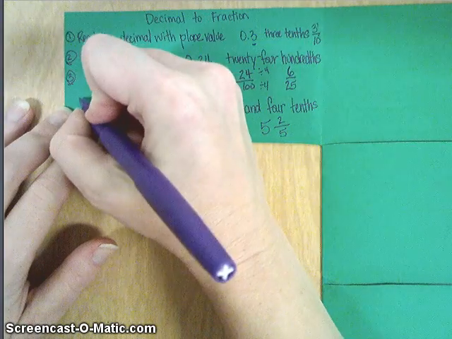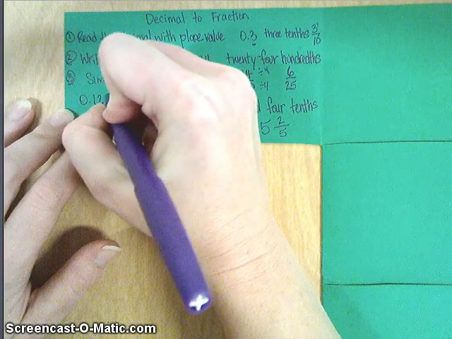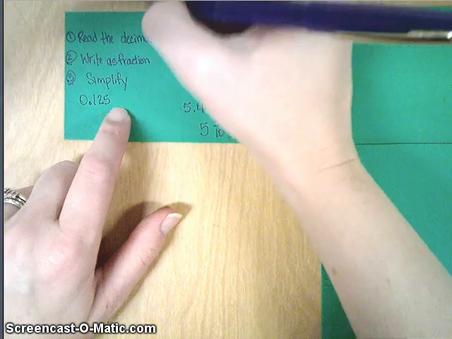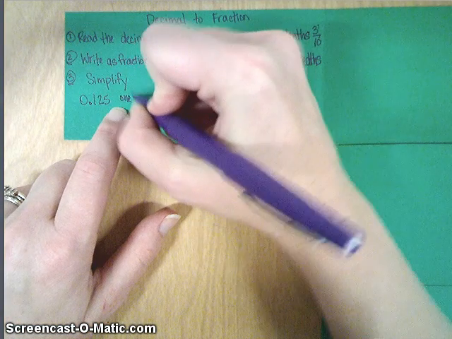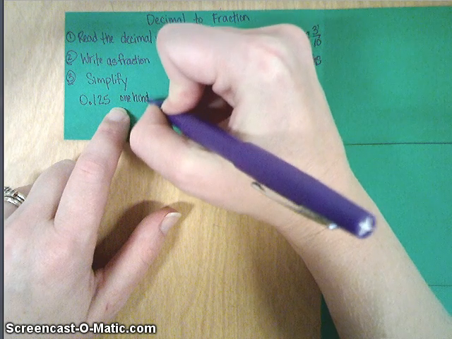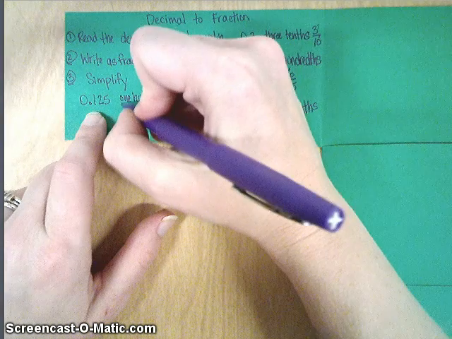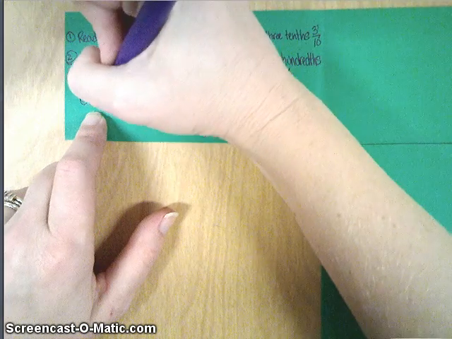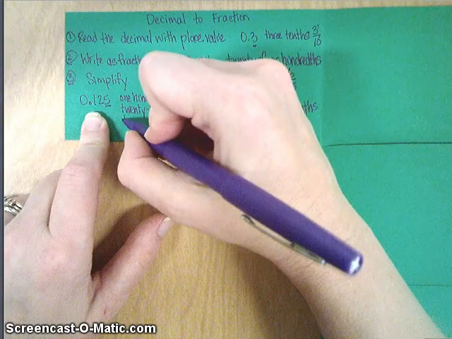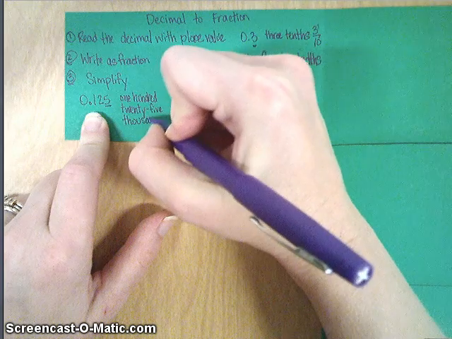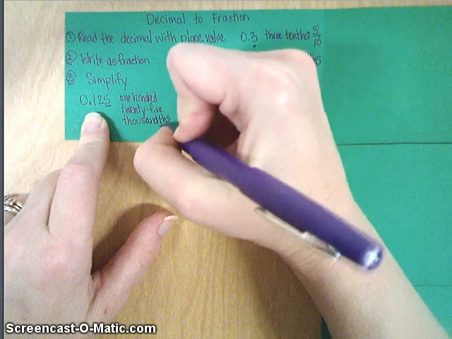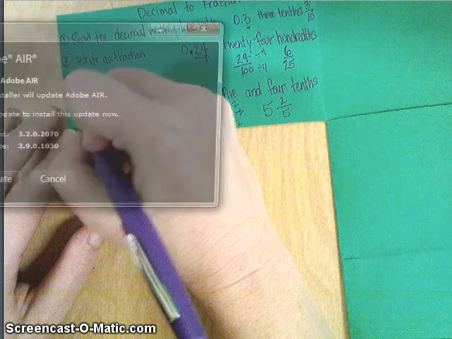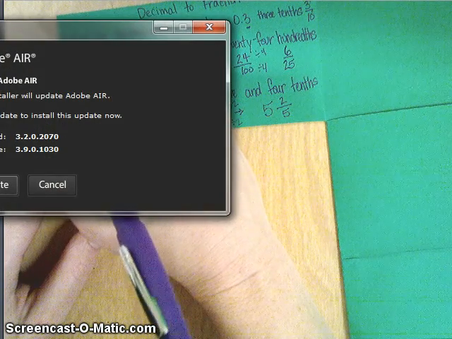Last example. This would be read as 125. The 5 is in the thousandths place. So this would be initially written as 125 over 1,000.